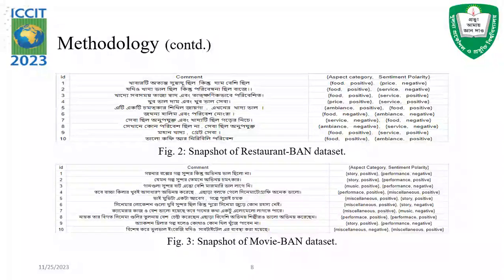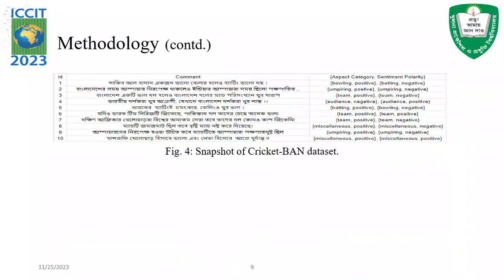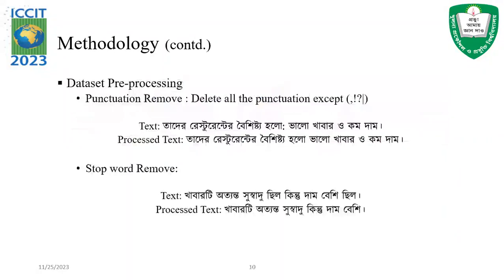Almost all the sentences of the datasets are complex and compound sentences. Figure 4 shows a snapshot of the Cricket 1 dataset. Almost all the comments of the three proposed datasets are labeled into two pairs of aspect category and sentiment polarity.